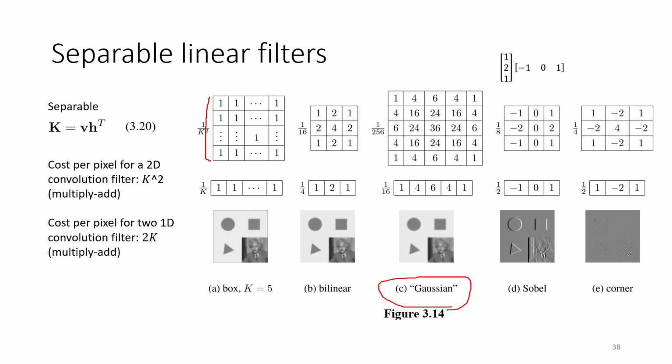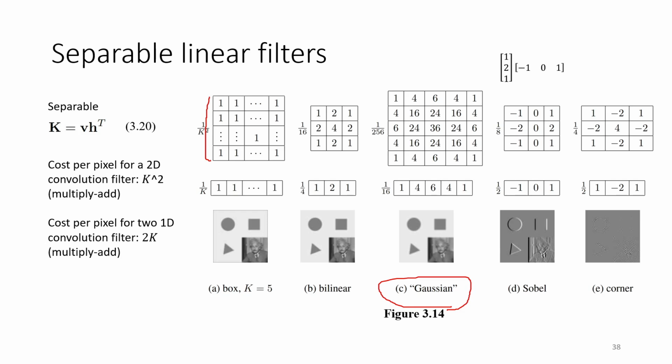Because it's a square matrix, there are k-square pixels. Then for a linear operation, we need k-square multiplications of the kernel with the input image, and then sum them up. So there will be k-square multiplications plus k-square additions to get the filtered pixel.